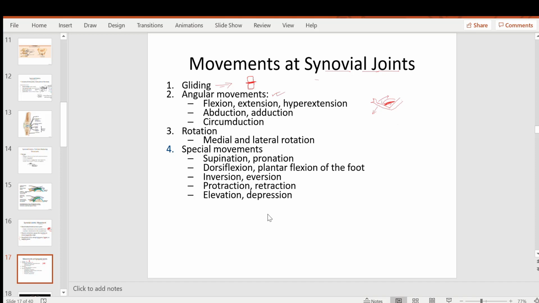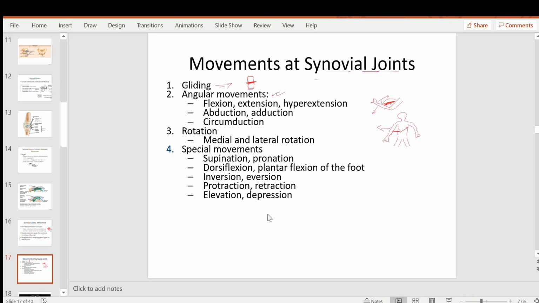Now abduction, adduction. This is your body. These are your legs and your arms. So this is your arm, okay, shoulder, head. So now abduction. If I ask you to move your arm away from the trunk, this angle gets bigger, right?